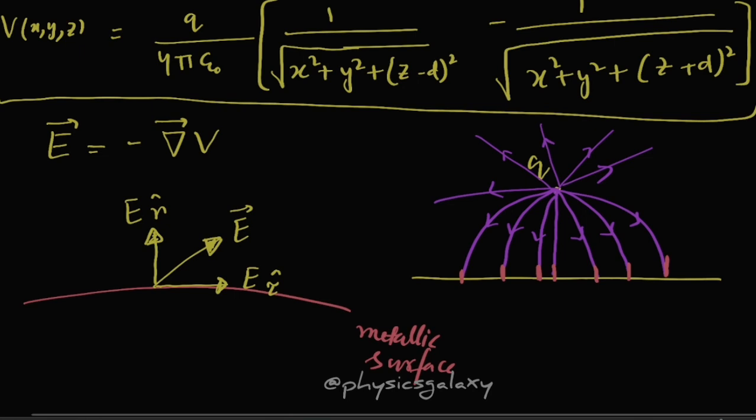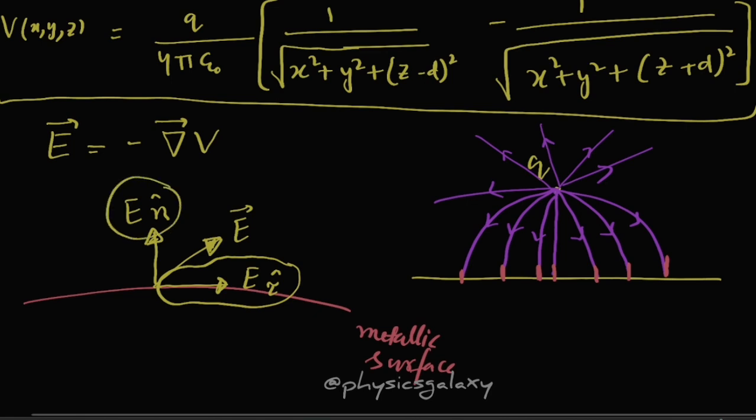Then the tangential component will drive the electrons in this metallic surface, and that motion of electrons will cancel out the electric field. So the only electric field component that will remain is the normal component.